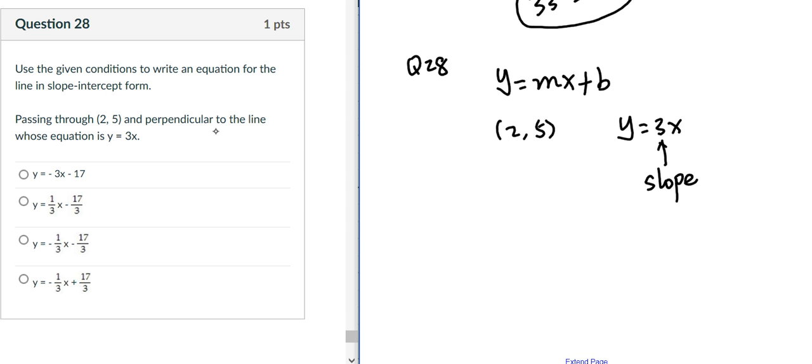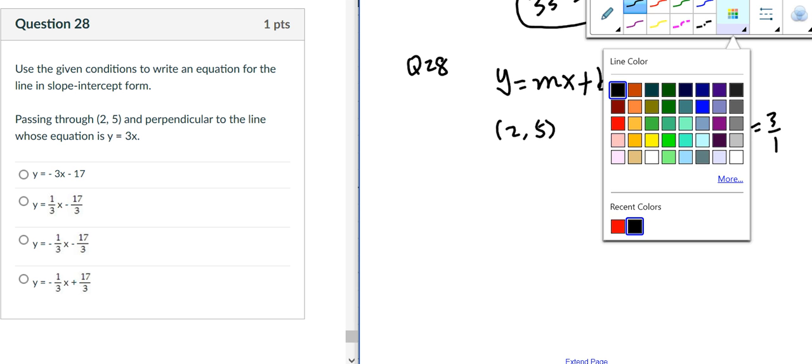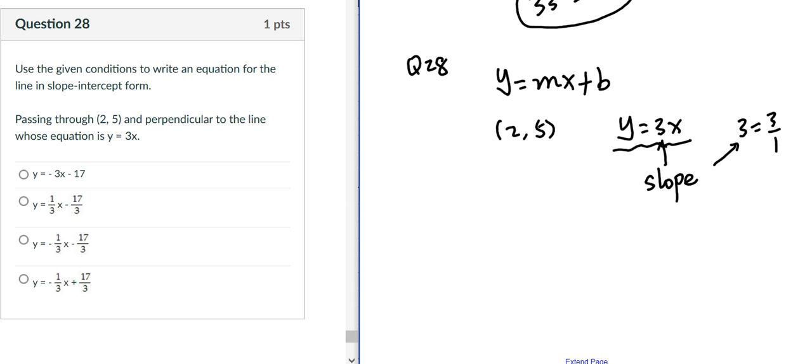Since our line is perpendicular to this one, and we know the slope in this case is 3, which is 3 over 1, we were told the line is perpendicular.